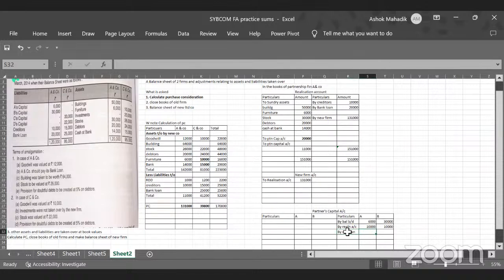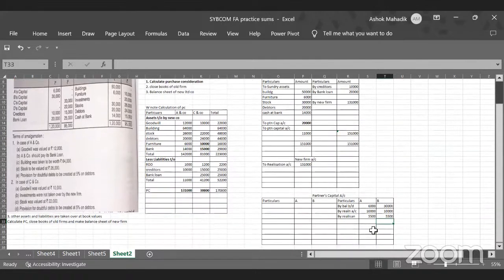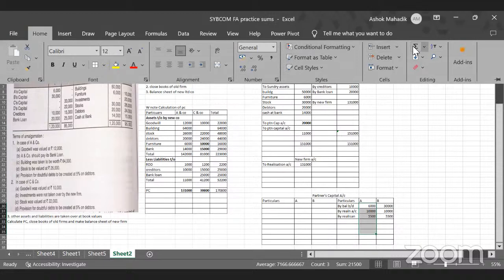How much? 5,500 each. Is this clear, students? Now we'll close this account and transfer the balance to new firm account. Let us check the totals of partners capital and use summation formula.